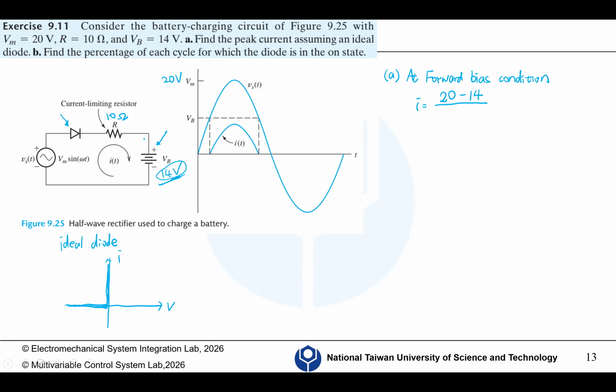So in the forward bias condition, Vm needs to overcome this 14 volts, and then divided by 10, which is 0.6 ampere. So this is the peak current of the diode.